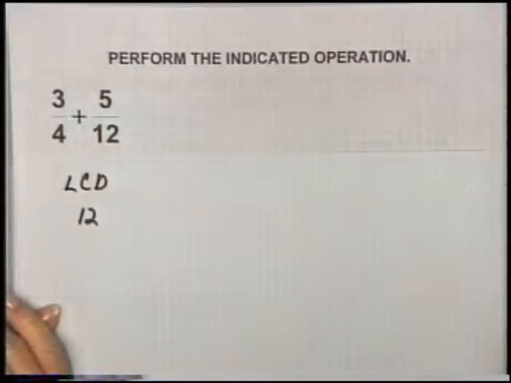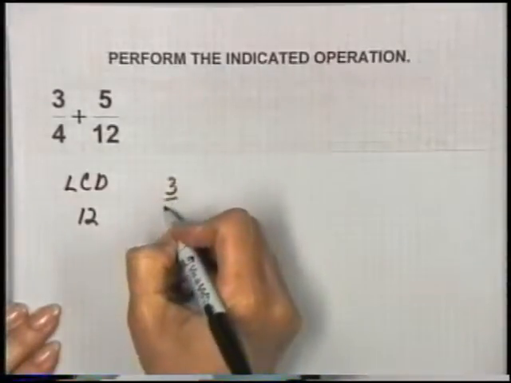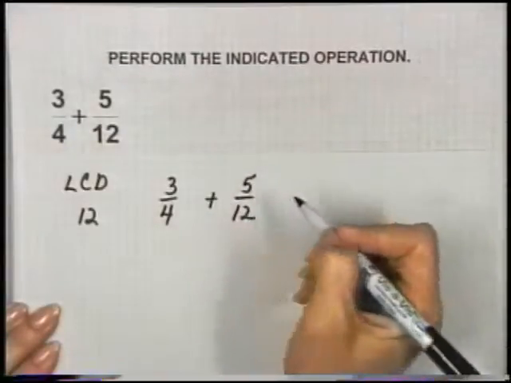The next step is to multiply each fraction by the needed factor so that the resulting equivalent fraction has a denominator of 12. Since 4 goes into 12 3 times, we multiply both the numerator and the denominator of 3/4 by 3. Let's write the 3/4 plus the 5/12.